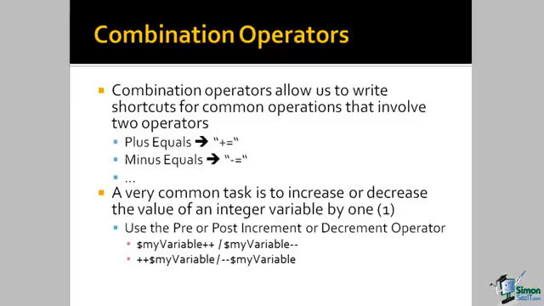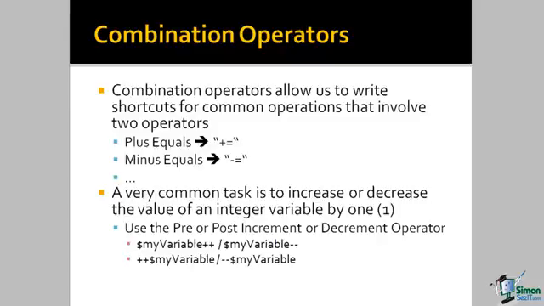Now, having the plus plus or the minus minus subtracts 1 from the variable. But having them at the end of the variable name says, hey, use the value that the variable currently has in whatever you're doing, and then add 1 to it or subtract 1 from it. But use the current value first. Putting the plus plus or the minus minus before the variable name says, hey, change the current value first.